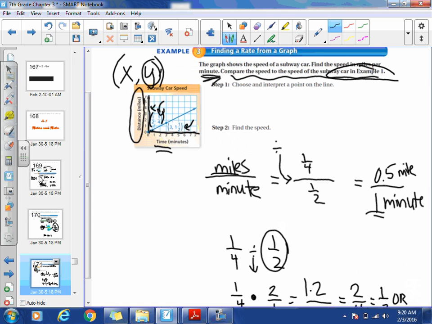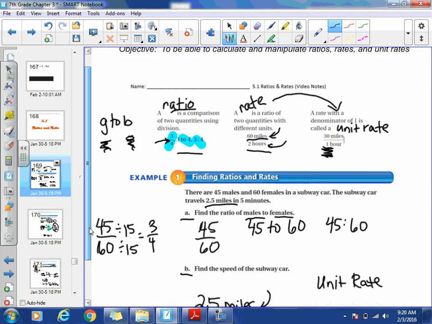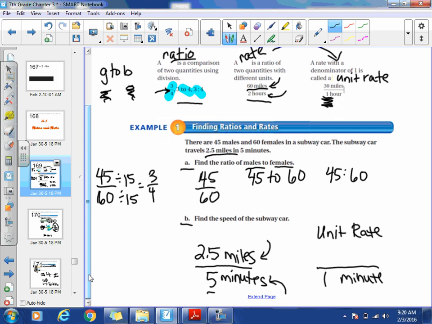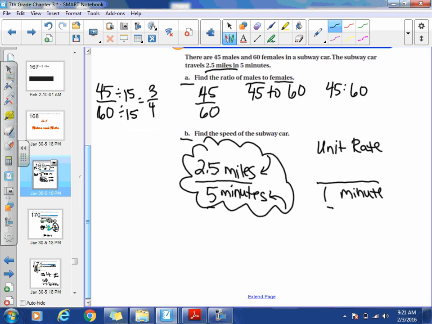Now, the second part said to compare to the speed of the subway car in example 1. If I go back to example 1, right now I can't compare. This is not a unit rate. It's telling me how fast this car goes in 5 minutes. To compare, I want to find out how far this subway car goes in 1 minute, just like the other one. The other subway car in example 3 goes 1/2 mile in 1 minute.